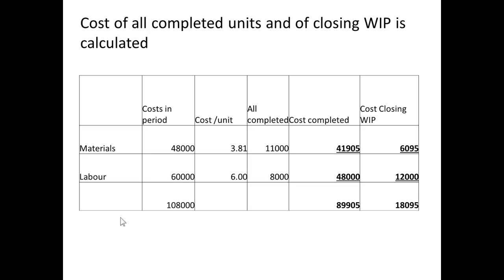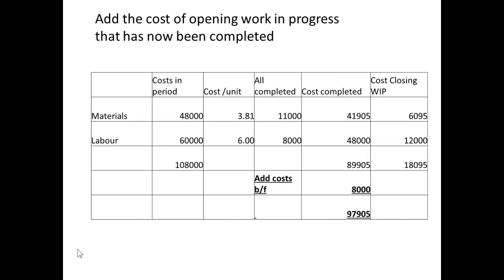We've got the cost of the completed units 41,905 for materials, 6,095 for the closing work in progress. And similarly for labour 48,000 the cost of the completed ones, 12,000 for the cost of the work in progress, giving us a total of 89,905 for the completed units, 18,095 for the closing units.